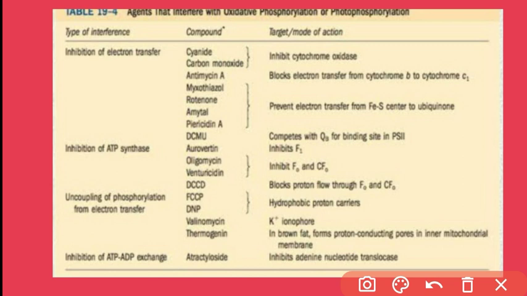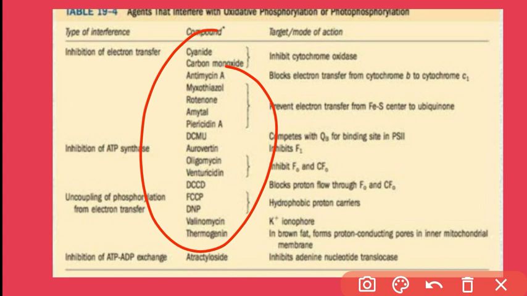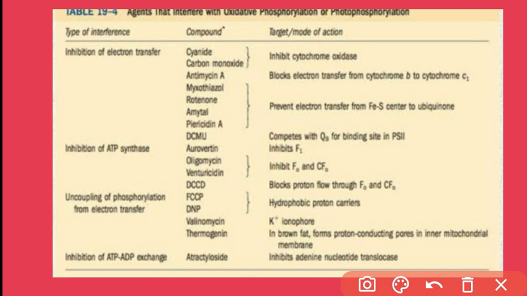Some inhibit the exchange of ATP to ADP, the atractylosides. It inhibits the adenine nucleotide translocase enzyme. So these are the inhibitors in the electron transport chain. Most of the time questions are asked on the CSIR NET exam. So take a screenshot of it.